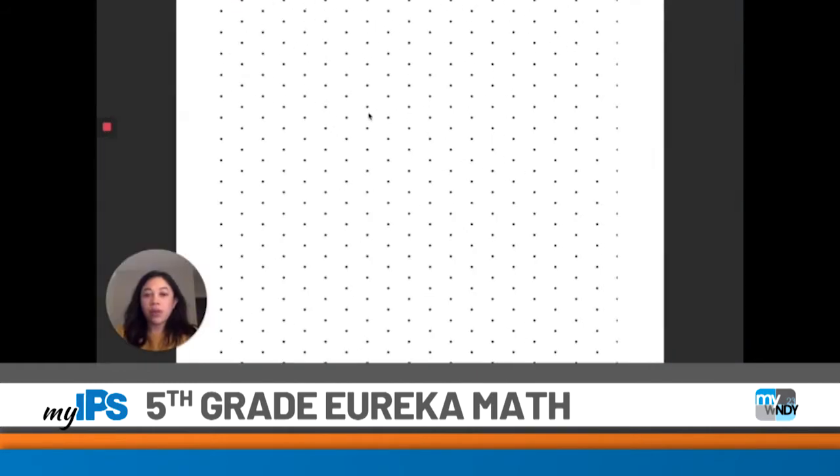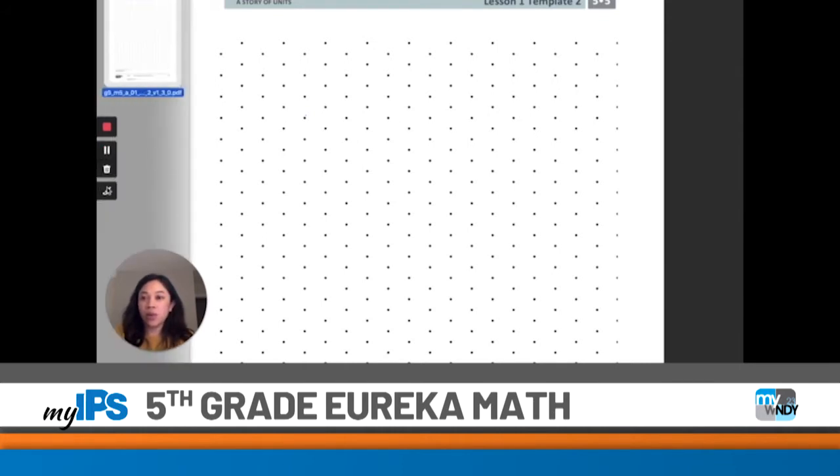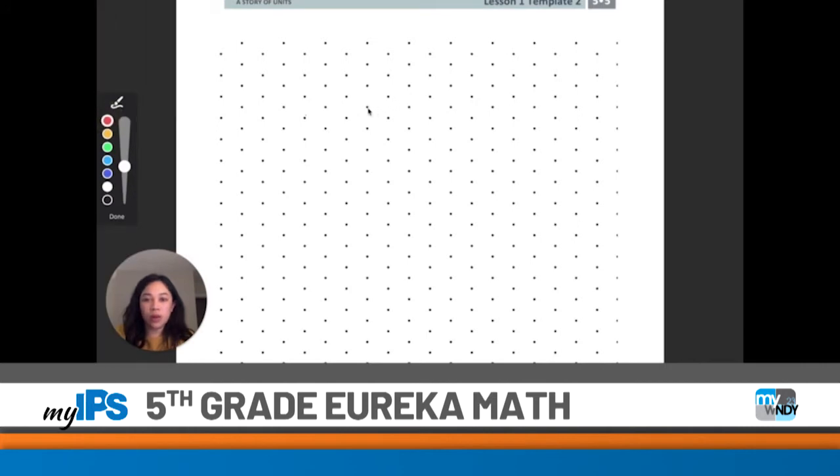So now that we've built the structures using unit cubes, we're going to start drawing them out using this isometric paper. So I'm going to start by choosing my color. And the first thing that I do is I start off by connecting 4 dots to make a parallelogram, like so.